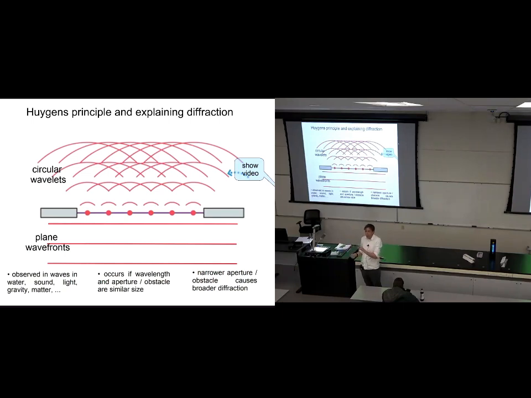In the case of sound, the wavelengths are on the scale of centimeters to meters, so you get diffraction when you have obstacles on the scale of centimeters to meters. And so sound is diffracted right through a door. For example, you can hear somebody in the other room through the door because of diffraction of the sound waves. So that's an example of diffraction.